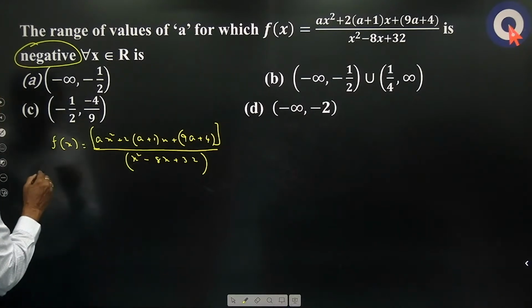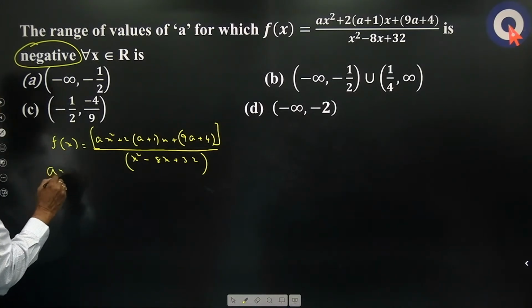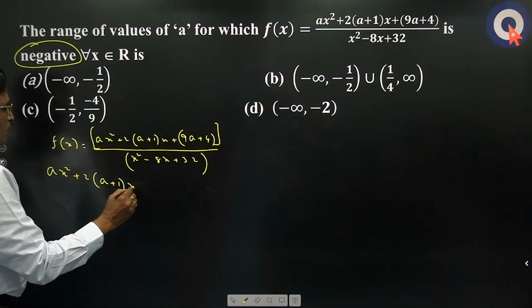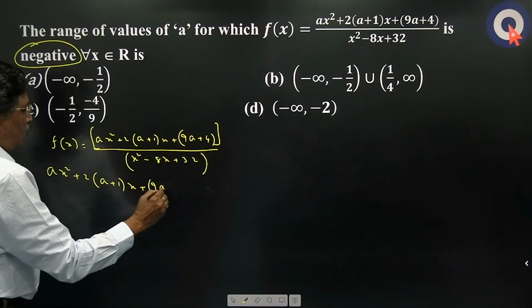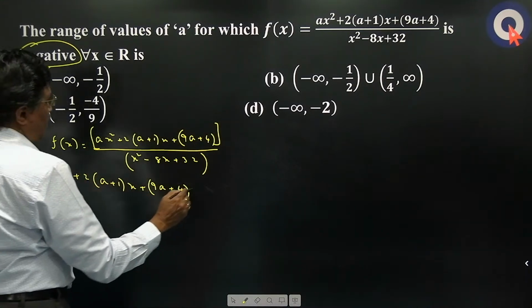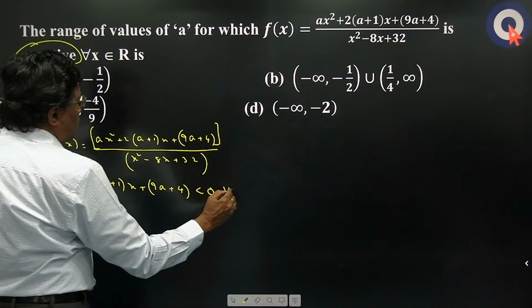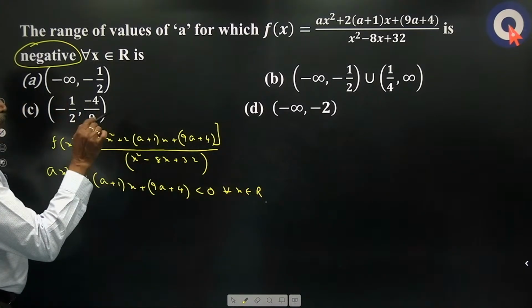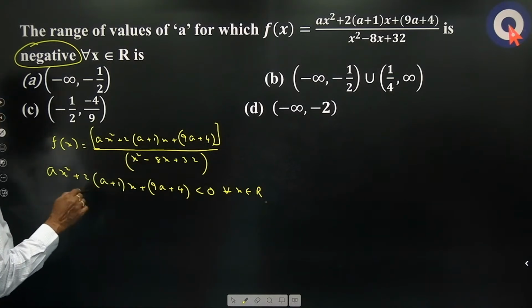So, what you require is ax square plus 2 into (a plus 1) into x plus 9a plus 4 has to be less than 0 for all x belongs to R. This has to be negative because the denominator is positive for all x belongs to R. Now, this is simple.